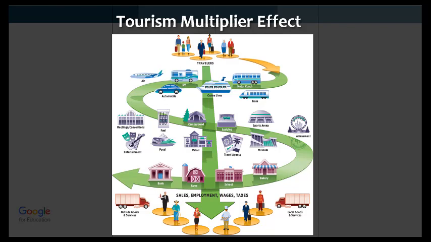For example, if you create an event, you would normally require transportation to go to that place and accommodation. To know more about the tourism multiplier effect, maybe you could go to the UNWTO site and look for how it creates jobs and affects other industries in a positive way.